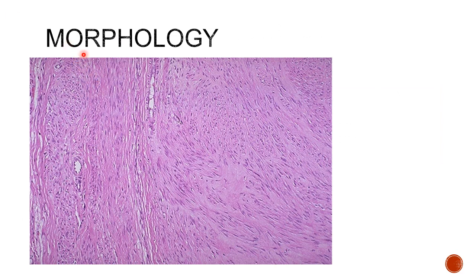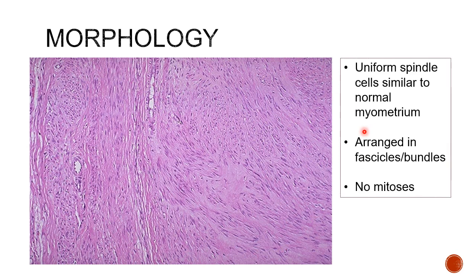Next, we move on to the microscopic morphology of fibroids. So as you can see here shown in this image, the tumor is formed by spindle cells, similar to normal myometrium because that's what they arise from, and they are benign, so they are uniform with no atypia.